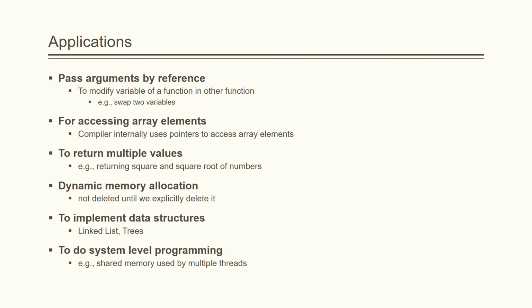Pointers can also be used for returning multiple values, and they are very good for dynamic memory allocation. Dynamic memory is not automatically deleted, so we need to explicitly delete it. They are also used in the implementation of data structures such as linked lists, trees and graphs.